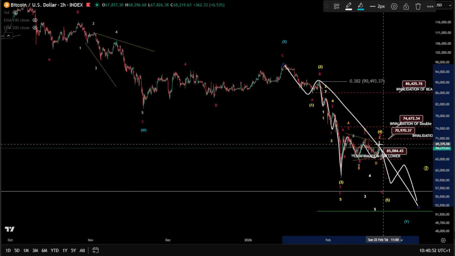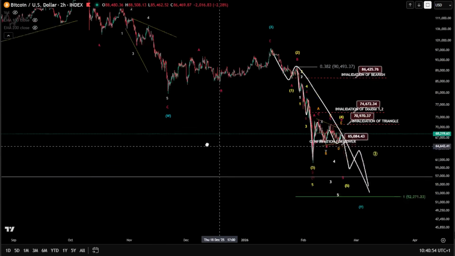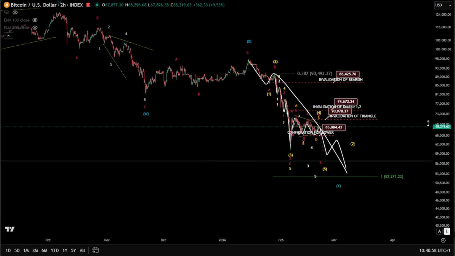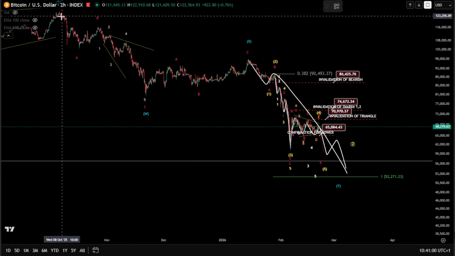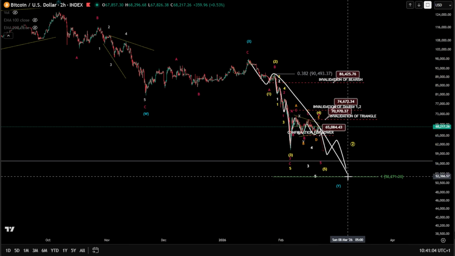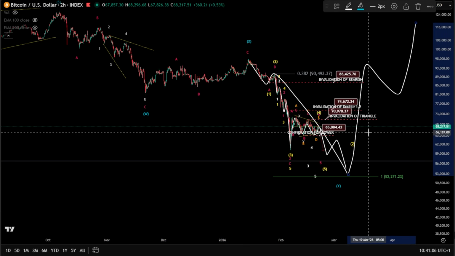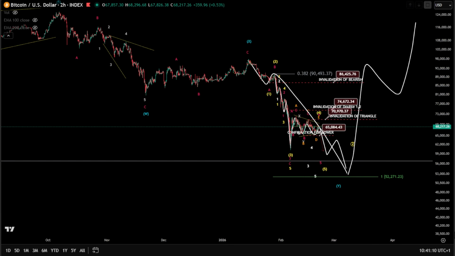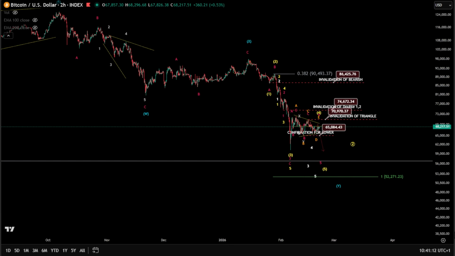By preserving an ABC here and hitting only 52K and above, that will preserve your WXY. So it's gonna keep the WXY intact, and you might still get a strong three waves up, meaning regular flat might still be very, very possible in this case.